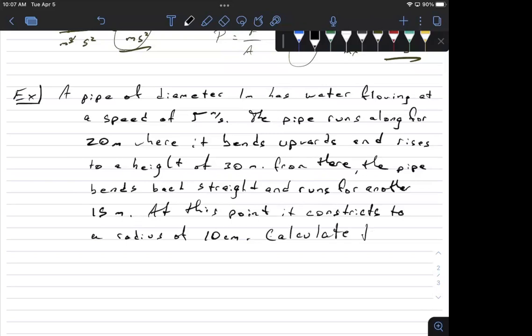Calculate the difference in pressure between the two ends.